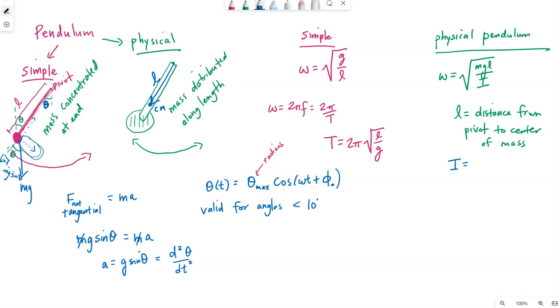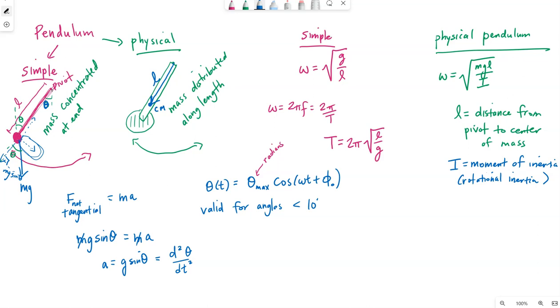I is the moment of inertia, also called rotational inertia. We talked about this back in rotation, so first semester of physics, when we talked about net torque is I alpha, the rotational kinetic energy, 1/2 I omega squared.